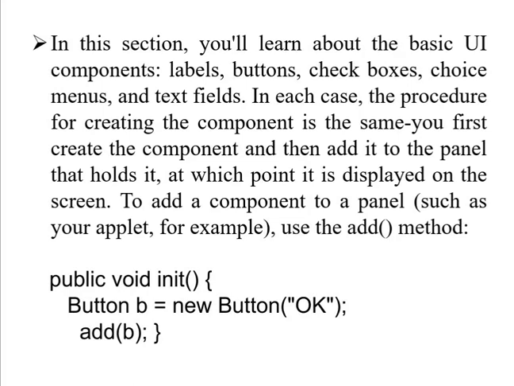GUIs are potentially very complex entities because they involve a large number of interacting objects and classes. Each on-screen component and window is represented by an object. If the GUI is to perform sophisticated tasks, the objects must interact with each other and call each other's methods, which raises tricky communication and scoping issues.